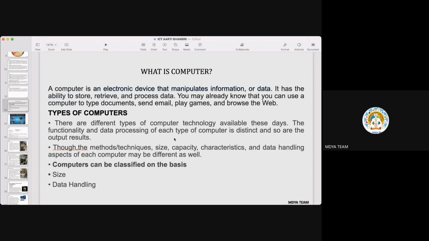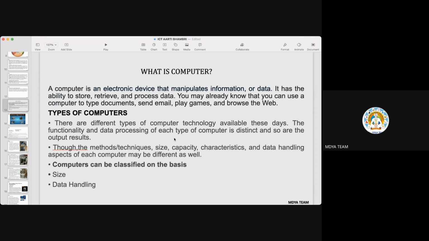You may already know that you use a computer to type documents, send mails, play games, watch videos or movies, and browse websites. So this is all about the computer. Now types of computer.